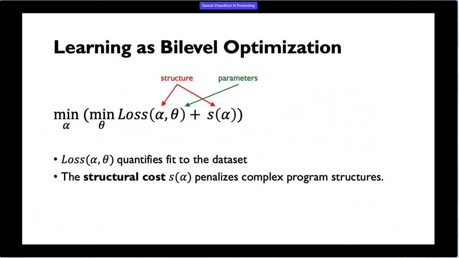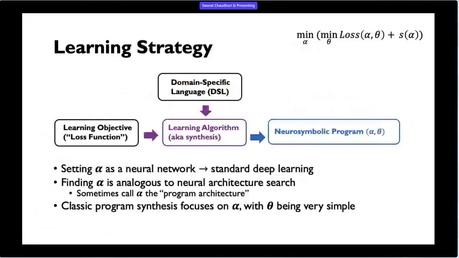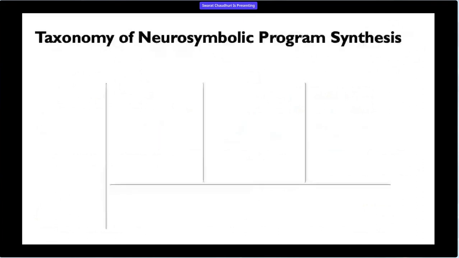And how do you avoid getting just a giant if program? Well, part of how you avoid it is by having a penalty for having those kinds of functions. And so our goal here is to have learning algorithms that are able to take fairly open-ended domain-specific languages, fairly open-ended learning objectives, and from that, get a program that satisfies everything that you want.